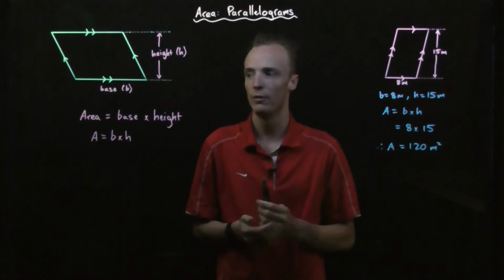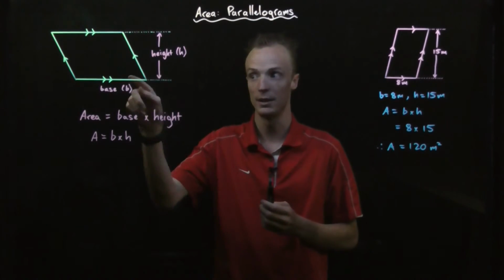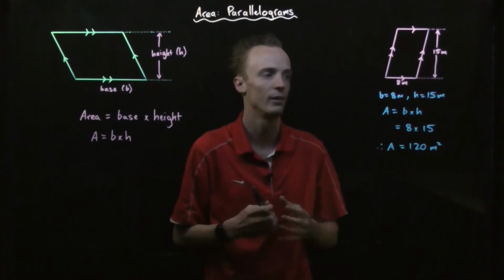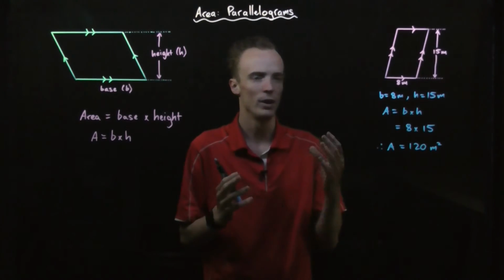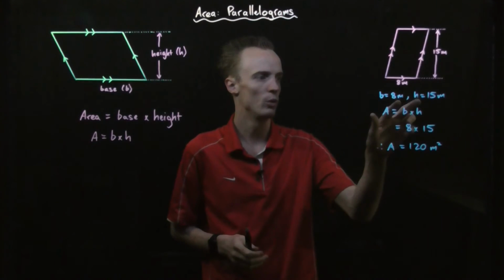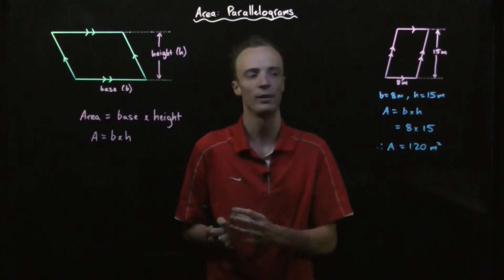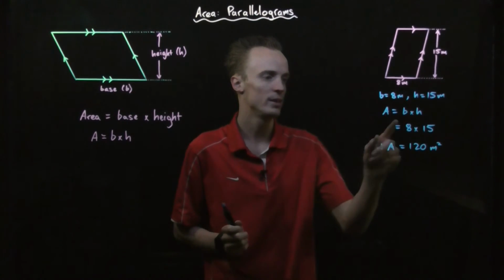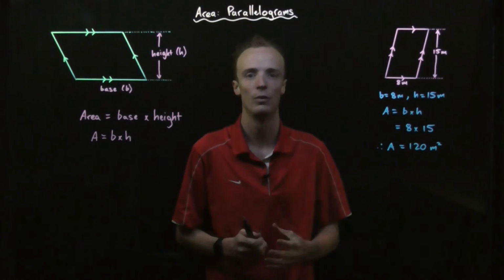When we've got that, we find the area is equal to the base times the height, being the distance between the two parallel sides, and we identify the information of our parallelogram. Once we've identified the information, we make sure that the information's in the same units. If it's not, we'll need to convert it to the same units. And we substitute them, once they're in the same units, into our formula and solve for our area.